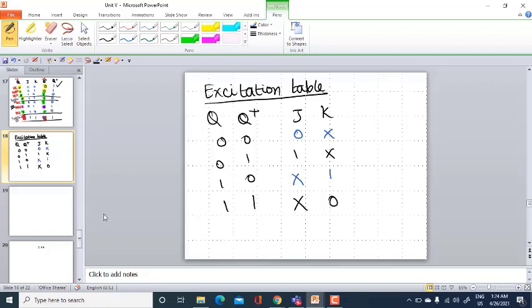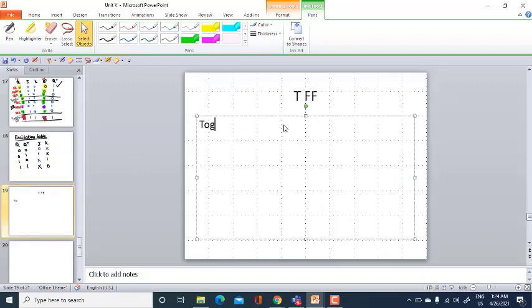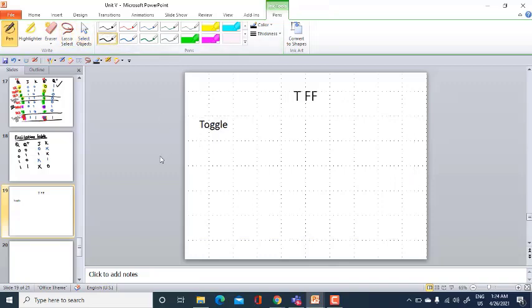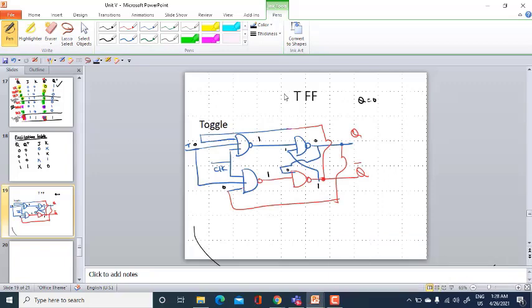And then come to your T flip-flop, otherwise said to be the toggle flip-flop. In your toggle flip-flop, tie your J and K together. The diagram is the same as your JK flip-flop.